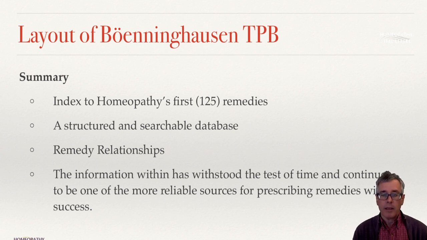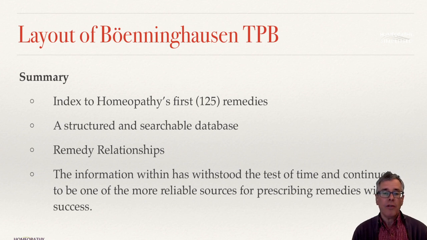And just to remind, it's the index to homeopathy's first 125 remedies, this wonderful structured and searchable database. Now, the 125 remedies becomes an interesting subject, because those remedies were formed from original data, from the early provings of Hahnemann and his followers, and Herring and so forth.